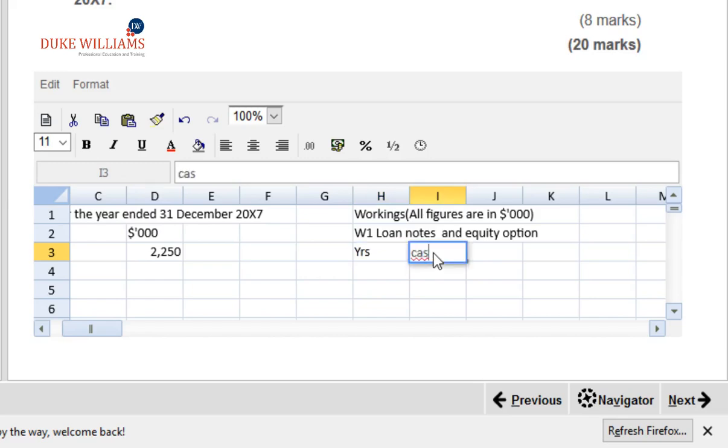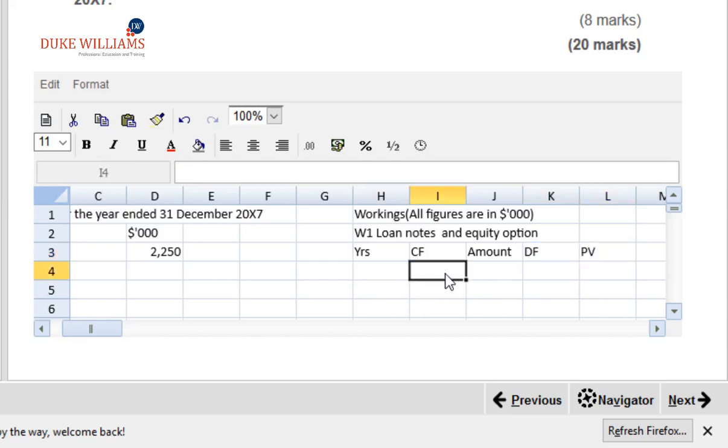I can say the dollar amount, or I can just type amount there. I can bring the discount factor, and then I'll bring present value.